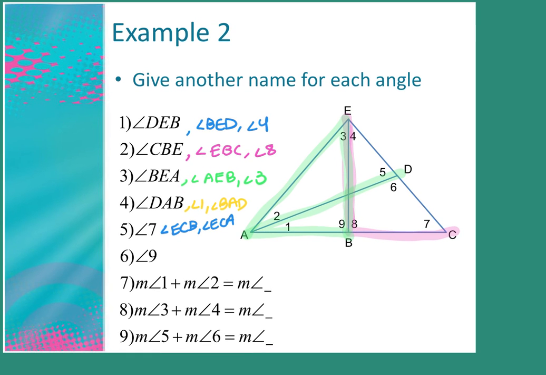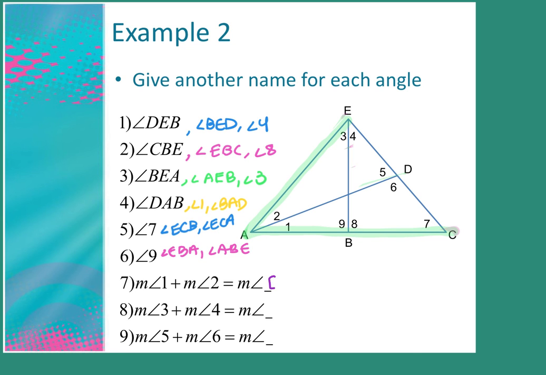Angle 9 could be angle EBA or angle ABE. Number 7 says angle 1 plus angle 2. So actually, let me clear this off. If I added together angle 1 and angle 2, I'd end up with this big angle.